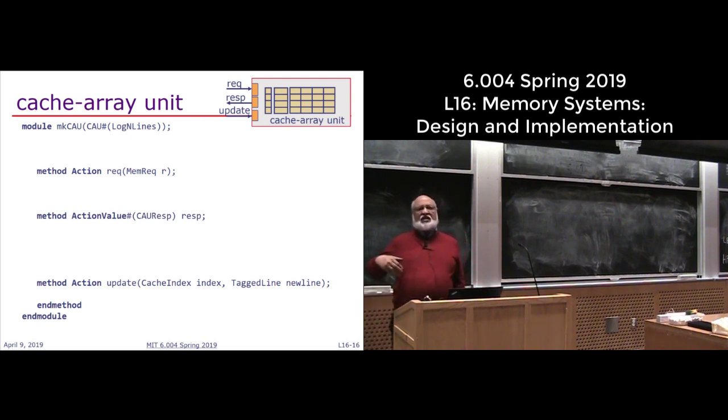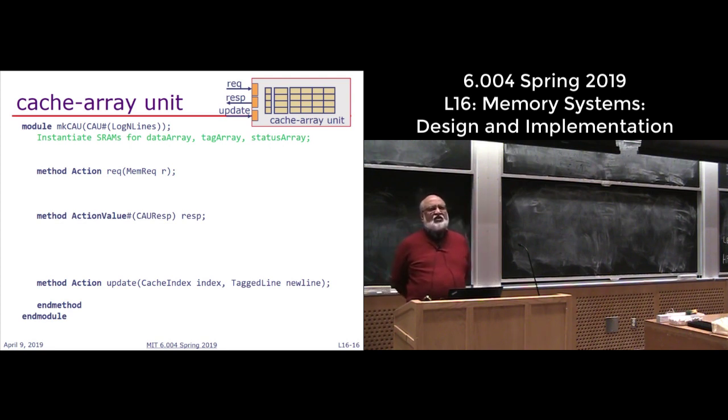So this is just a refrain. Any time we have to implement a module, we look at its interface, and that tells us exactly what else has to be specified. So I hope everybody's with me and they understand what this means. And what is the very first thing you will do?